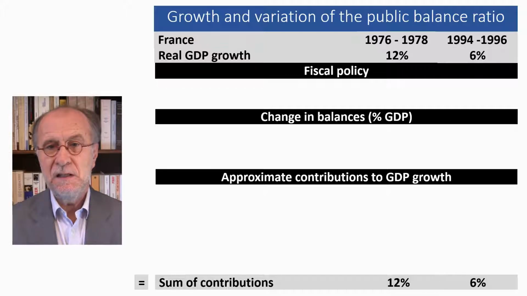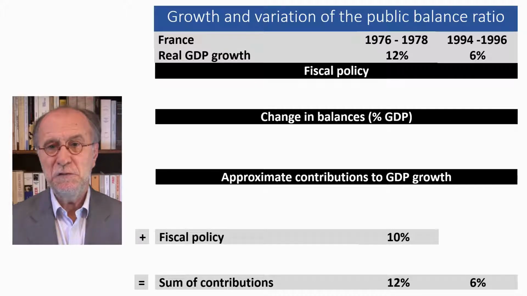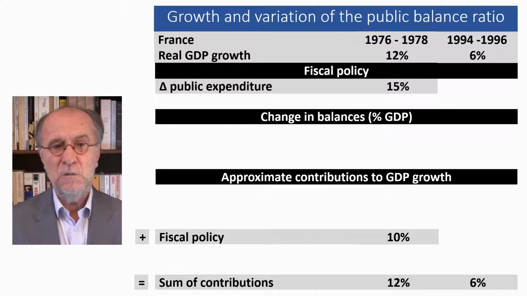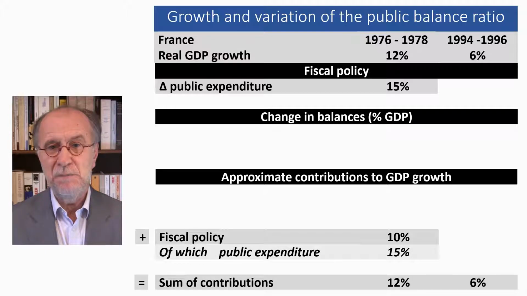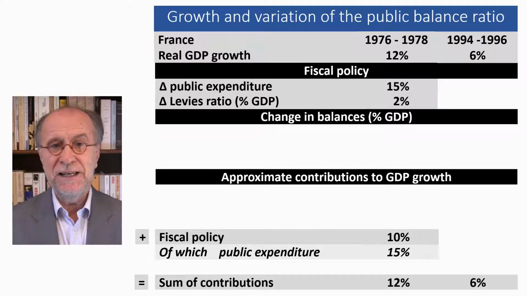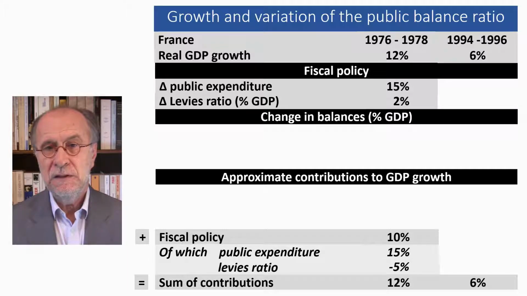Fiscal policy was the driving force behind the first period of growth, contributing around 10%, thanks to a 15% increase in public spending, the effect of which on growth was a little bit impacted by a 2% rise in the public levies ratio that had a negative effect on growth.